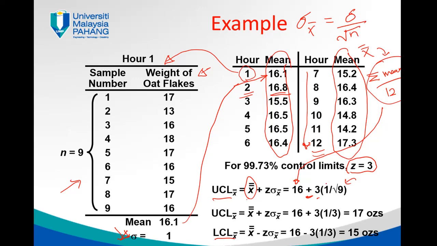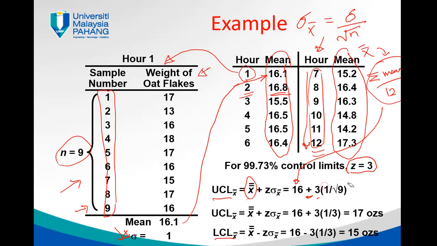Sigma is 1 and n is 9. Don't get confused: n is the number of samples, not the number of readings, or observations, that we made. Sometimes students get confused between these two. n is referring to 9.